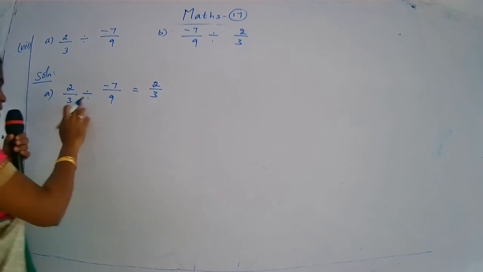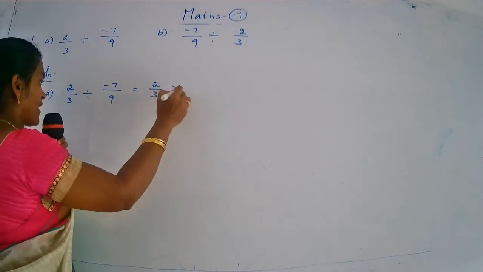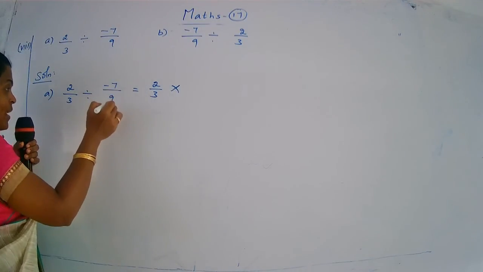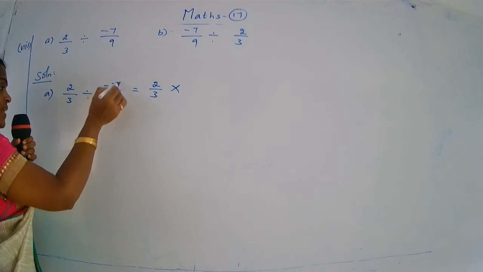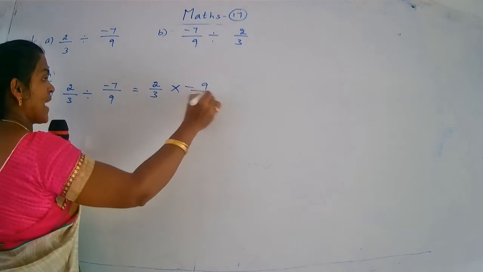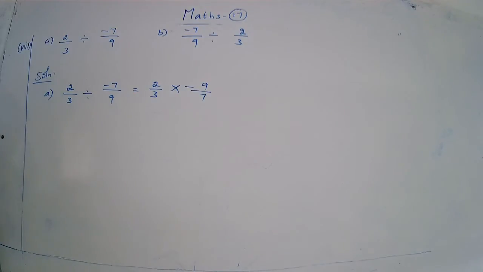Okay, children. Therefore, 2 upon 3 divided by minus 7 upon 9 is not equal to minus 7 upon 9 divided by 2 upon 3. Okay. These both parts are unequal. Okay, children.